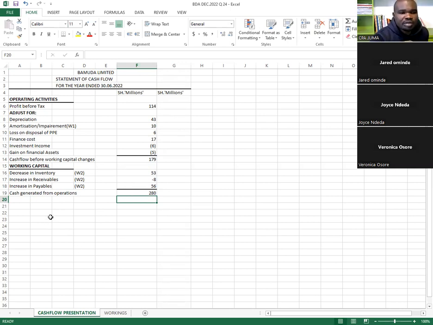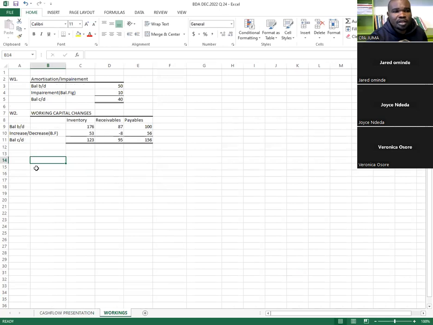Then you close it by saying tax paid. Tax paid, we can comfortably say here, working 3. So that one is always a working. I don't think you can get away without a working. So working 3. So you come here and say working number 3.